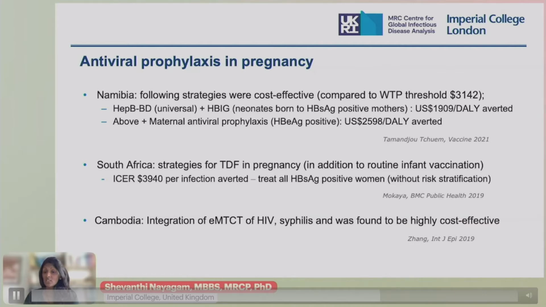Both these studies did use static cohort models rather than dynamic transmission models. In Cambodia, so outside the region, there was an interesting study which showed the integration of elimination of mother-to-child transmission of HIV, syphilis, and hepatitis B was found to be highly cost-effective. So really thinking beyond single diseases and integrating into platforms can improve the cost effectiveness of these strategies.